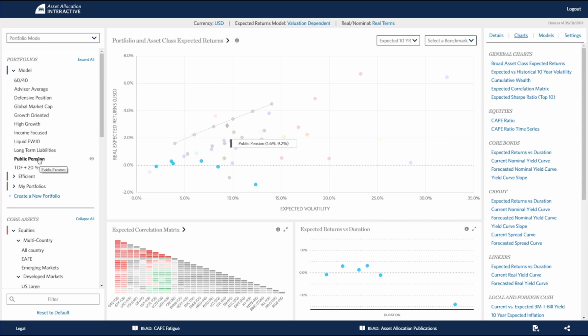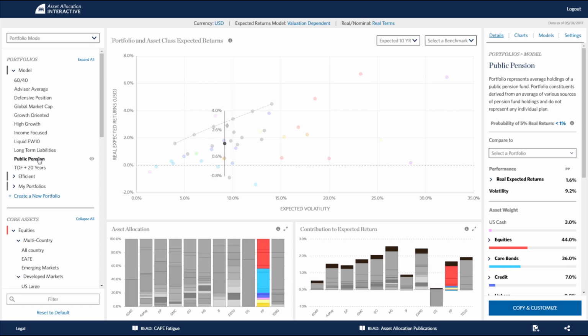I'm going to start with the public pension portfolio here and show that this portfolio, which is essentially an average of a lot of different public sources on the average allocations of public pension plans in the U.S., has an expected return of 1.6% with about 9% volatility. Higher than the 60-40 portfolio, about the same amount of risk.